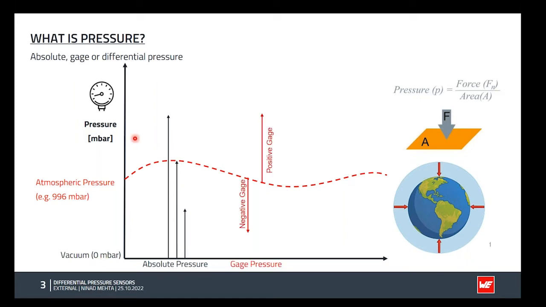On the other hand, if we take atmospheric pressure as the reference instead of vacuum and then measure the pressure, we can have either a positive or a negative pressure, and this is called gauge pressure. The last is the differential pressure, which is nothing but the difference between any two pressures. It can be positive, negative, or anything. In principle, an absolute pressure can theoretically also be called a differential pressure.